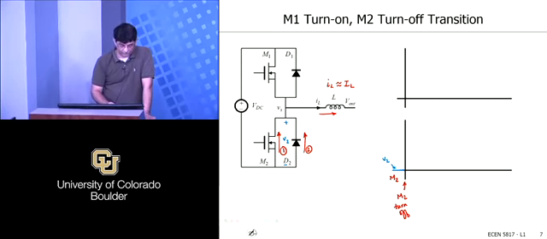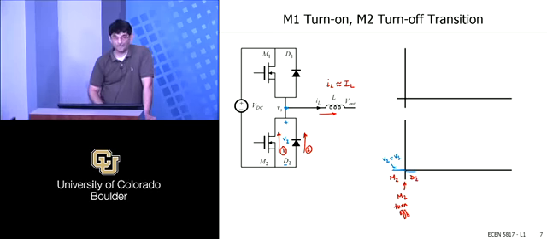And if you wanted to take into account the forward drop of D2, then essentially this voltage V2, which is also the same as voltage Vs, is going to become negative by the amount of the forward drop of D2. Right? So here now what we have is D2 just turned on.